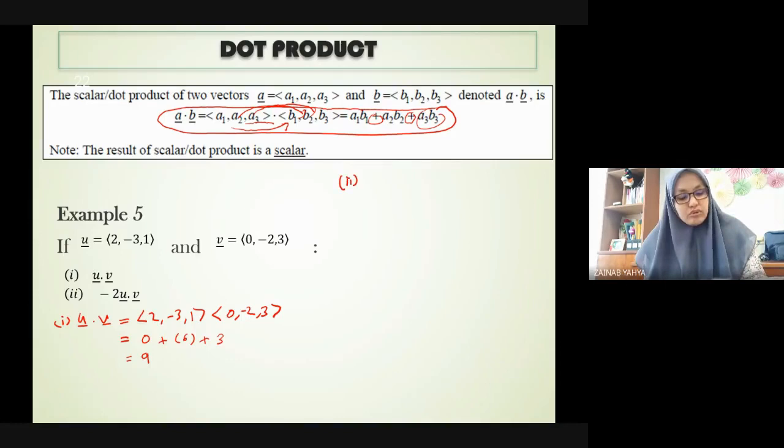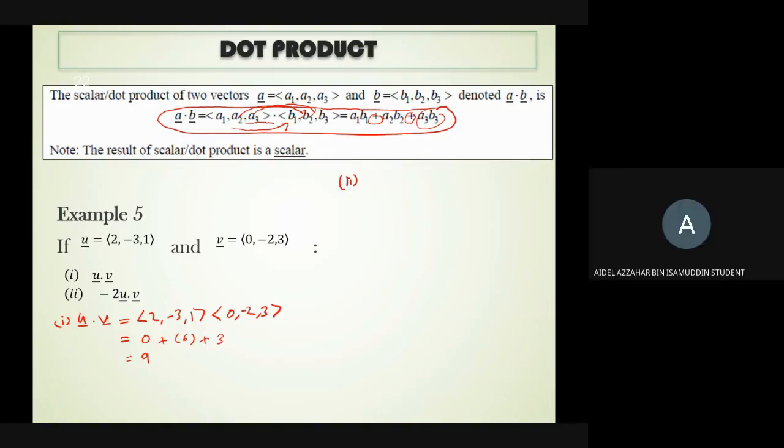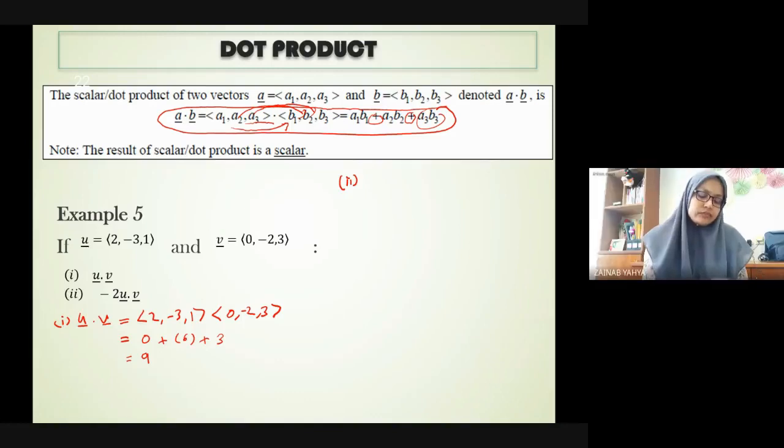negative 2u dot v. Which one do you want to perform first? Is it negative 2 times u first or u dot v first? Which one? Negative 2 times u. Okay, let's do that. Negative 2u dot v.